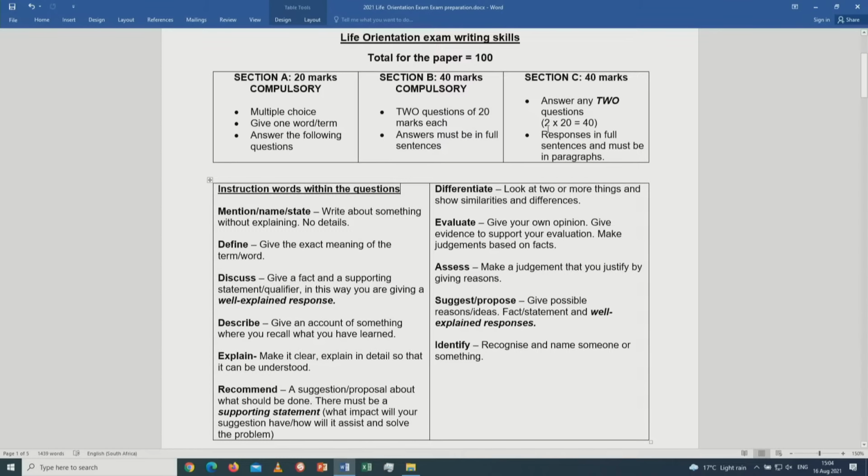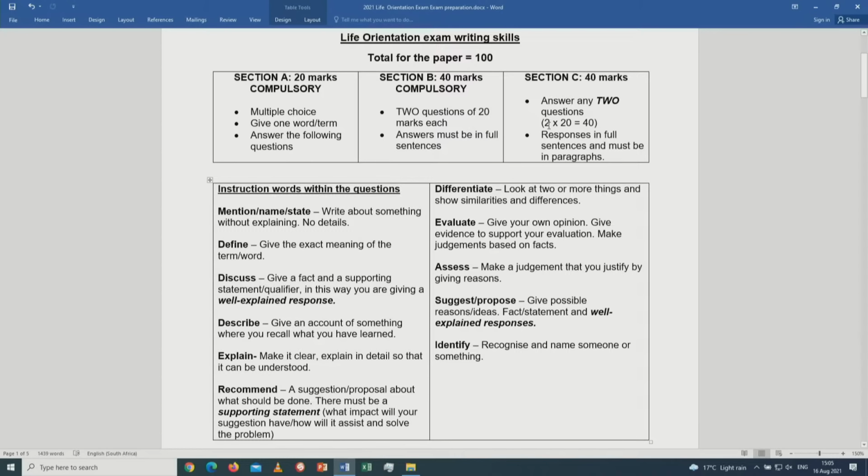You don't answer all of them, hoping that the teacher will mark all 3 and then take the results of the best 2. That's not how it works. Should you answer all of them, the teacher will mark the first 2 and the last question will be disregarded.